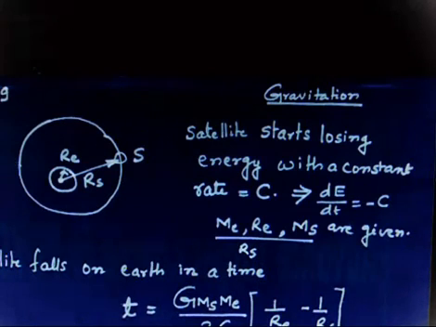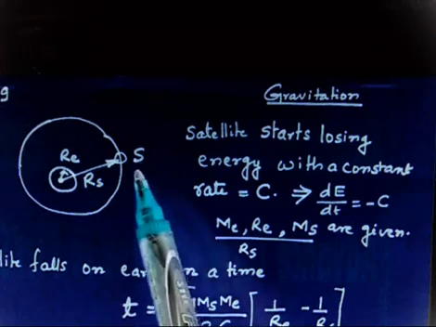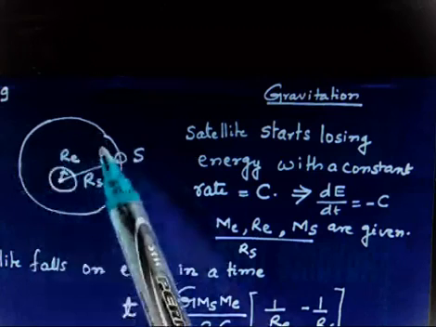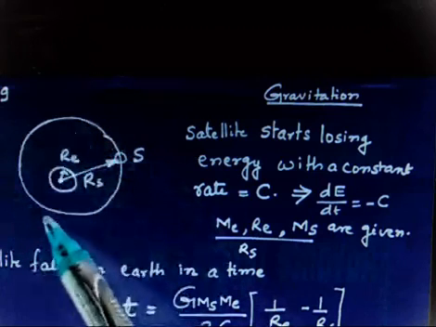Now let me read the next line. It starts losing its energy slowly at a constant rate c due to collision with dust particles. Now this satellite is moving, and let us say there are so many dust particles in the environment.